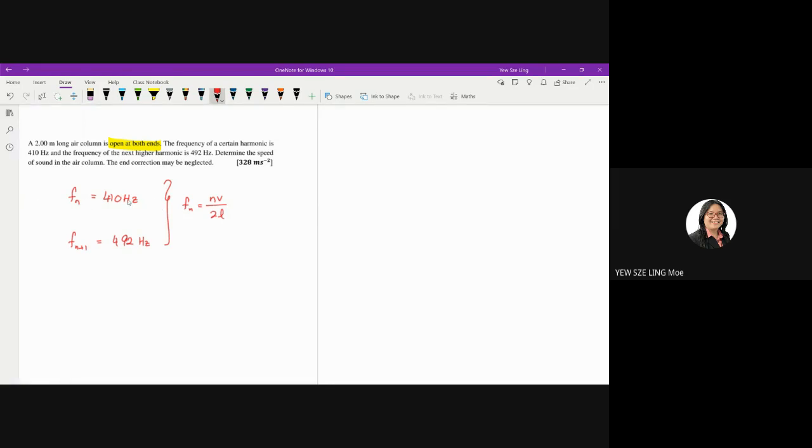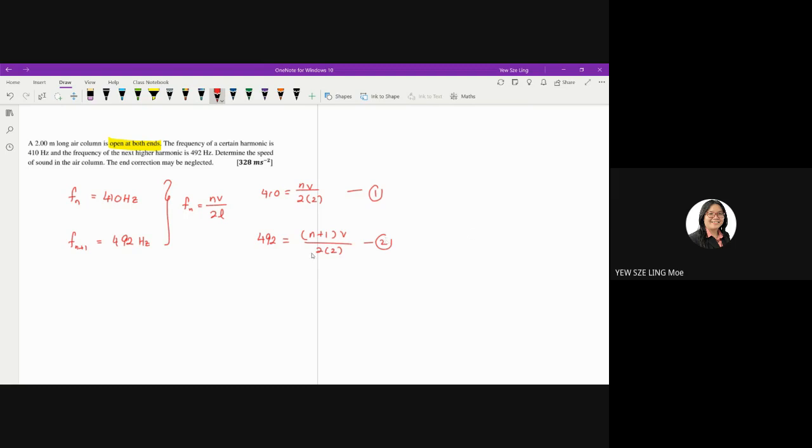For the first one, 410 hertz: Fn, which is 410, equals nv over 2, and L given is 2 meter, over 2 times 2. So this is my first equation. The second equation is 492 hertz equals (n plus 1) times v divided by 2 times 2. This is the second equation.